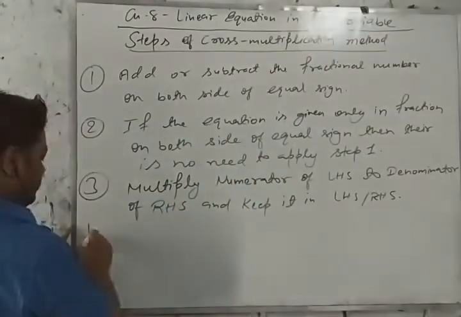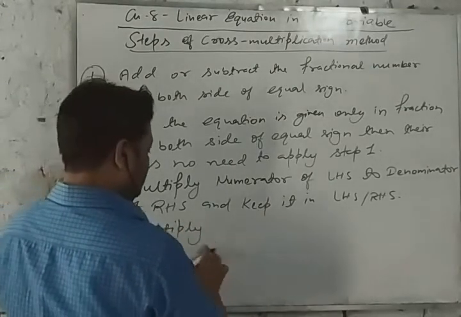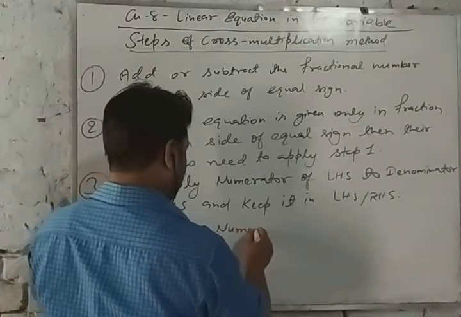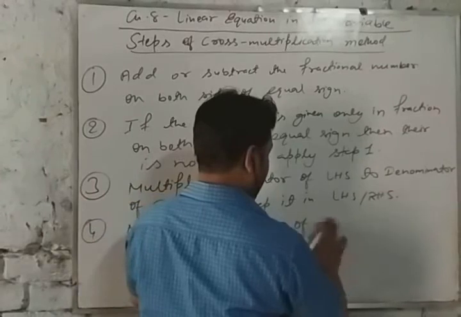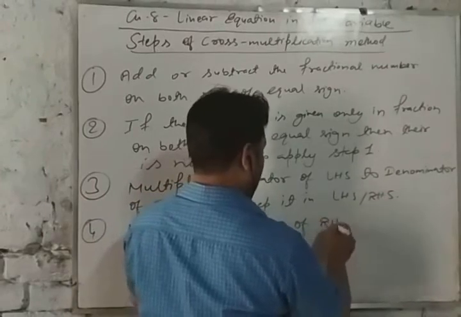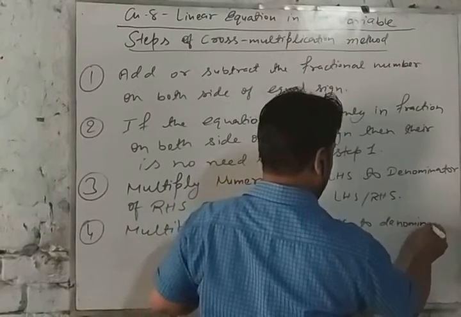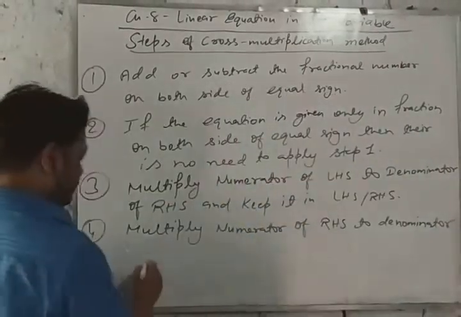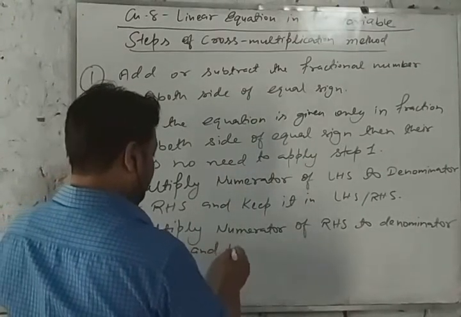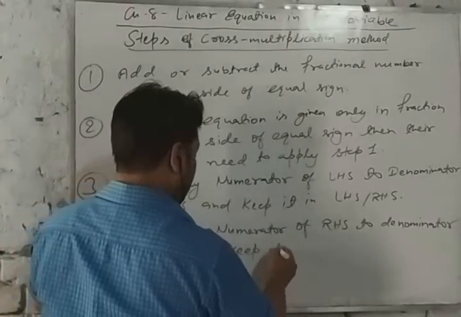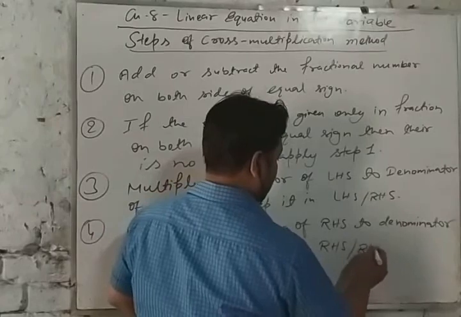Yes. Now in the fourth step, multiply the numerator of RHS to the denominator of LHS and keep it in RHS or LHS.